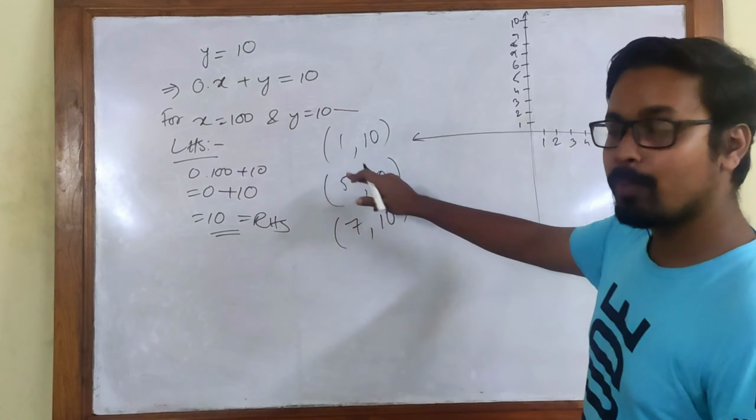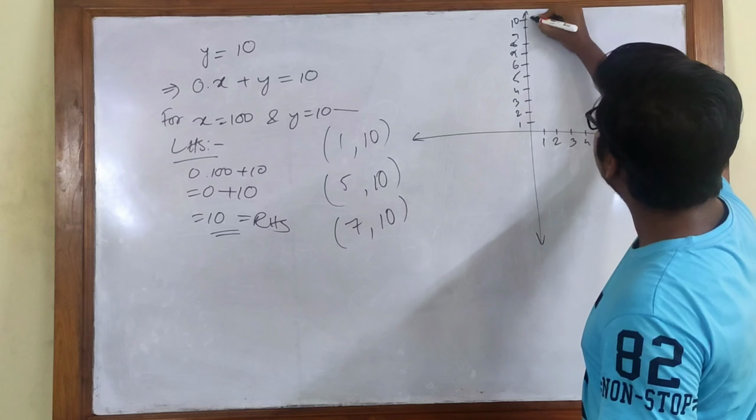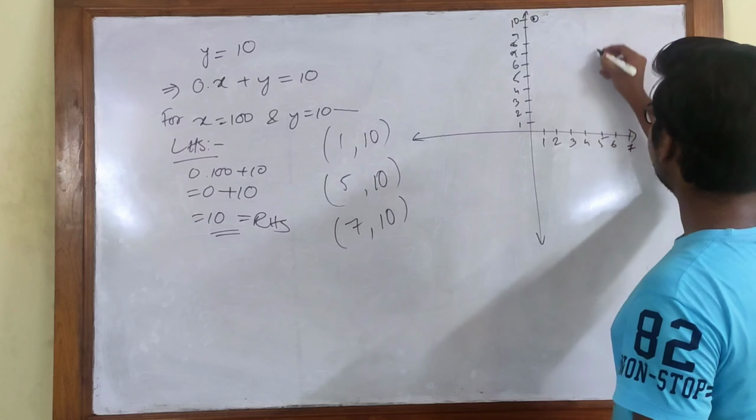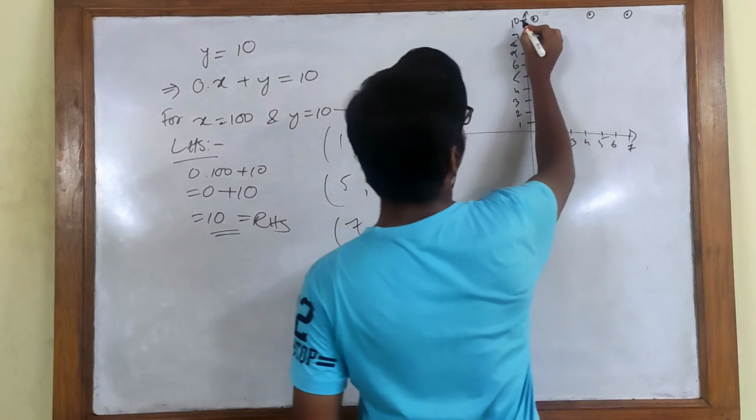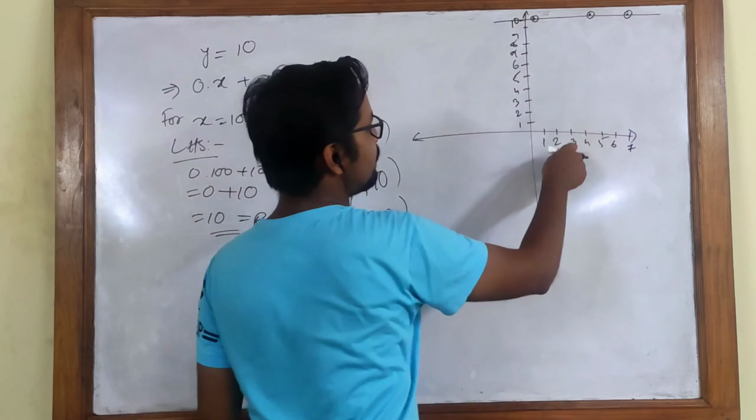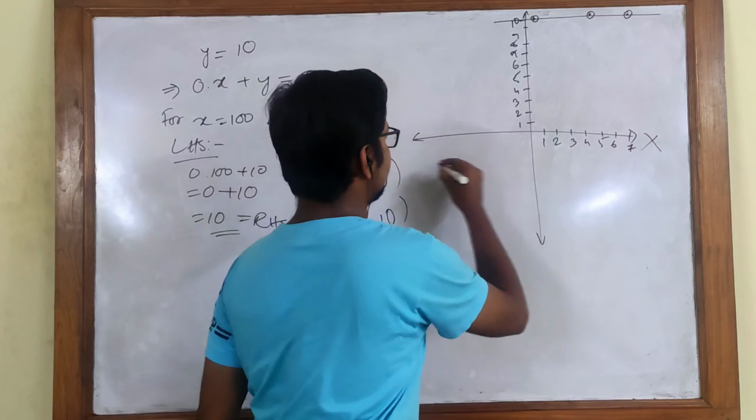The first point is 1, 10. We have 5, 10. And then we have 7, 10, that is here. Now if I join these lines, it will always be parallel to the x-axis.